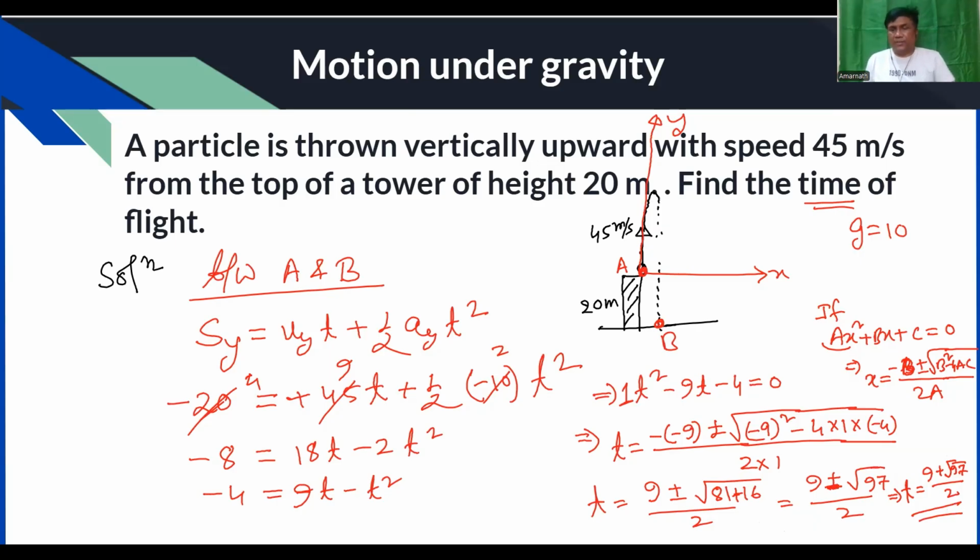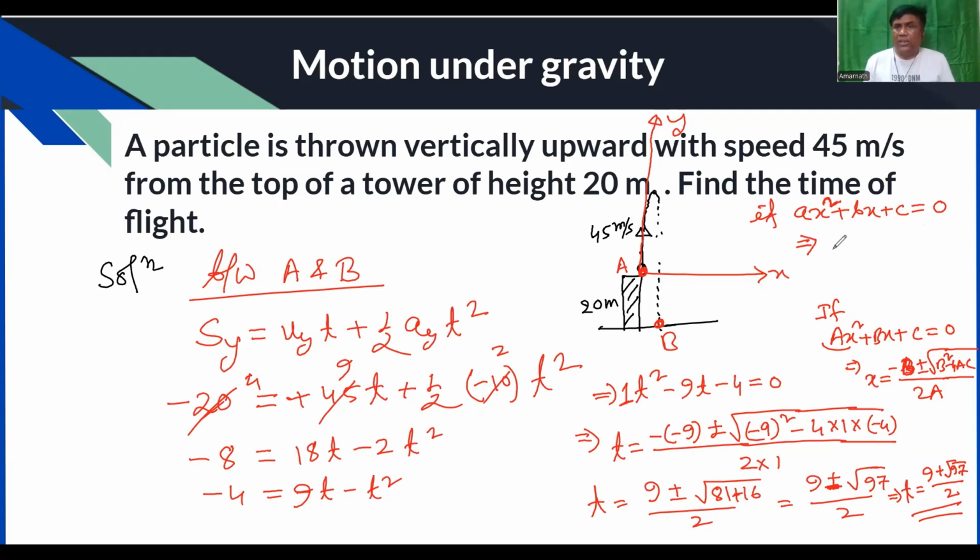Sir, I have a doubt in the last formula that you used. What is the doubt? Remember this thing: if ax square plus bx plus c equal to 0, this is called a quadratic equation, because the power is 2.